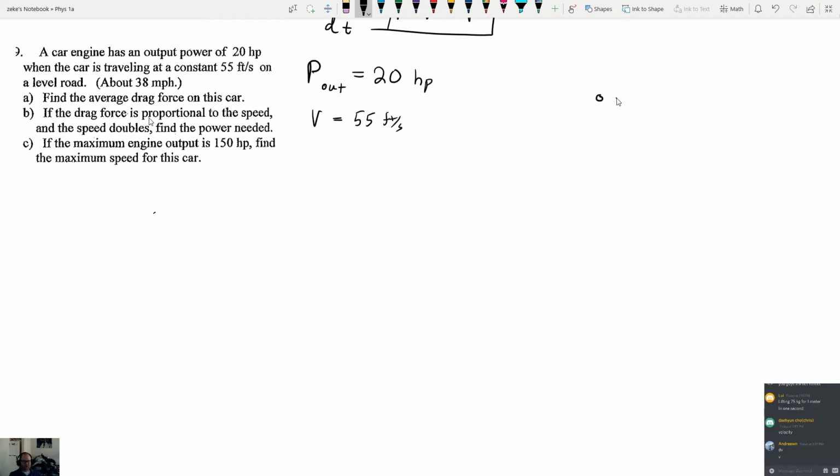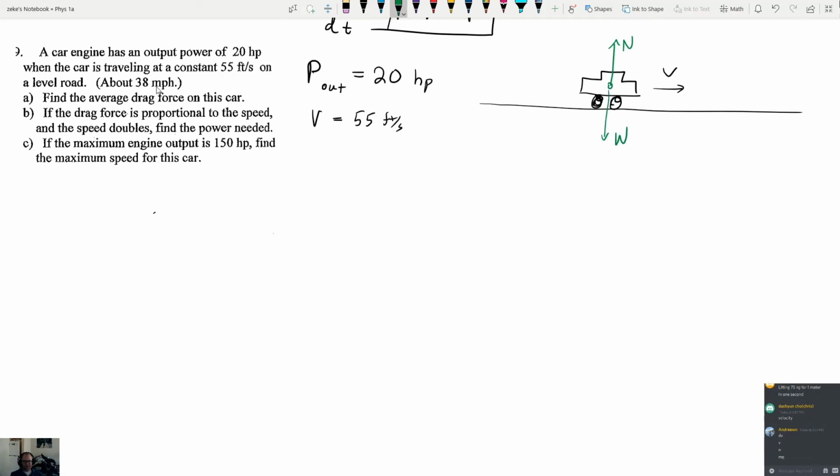So let's draw a picture of our car. It's cruising along the road with a constant speed. And if we wanted to identify the forces acting on this car, what would they be? So we'd have our normal force, we'd have our weight.